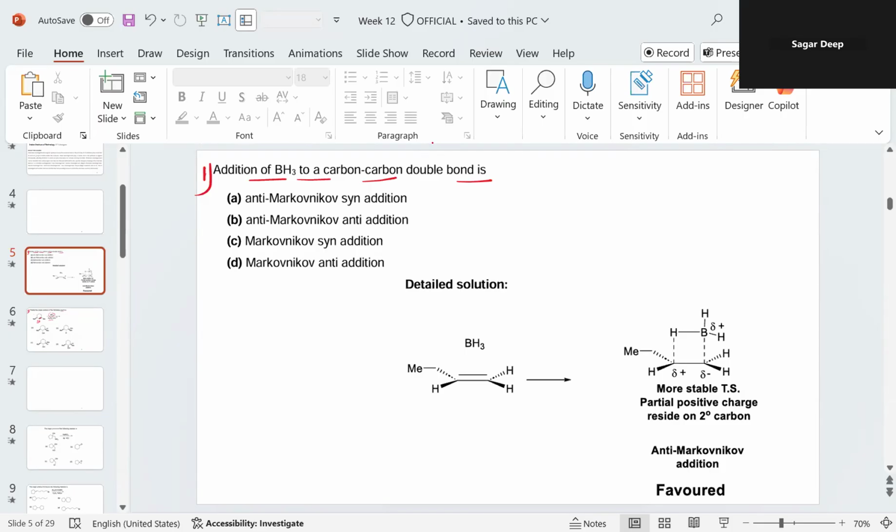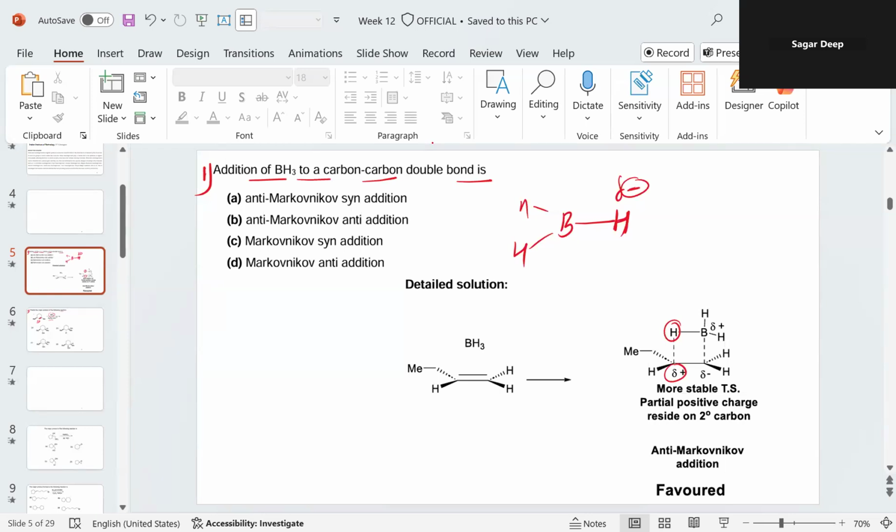If you look at the structure of BH3, the boron has three hydrogens. If you look at the electronegativity of boron and hydrogen, these hydrogens are generally delta negative. Therefore, this delta negative is attached to the carbon which has delta positive character.